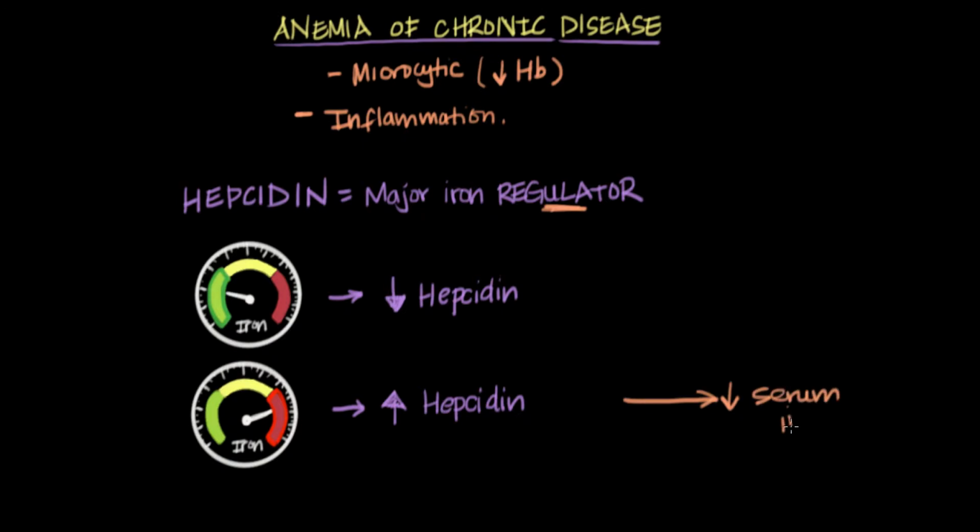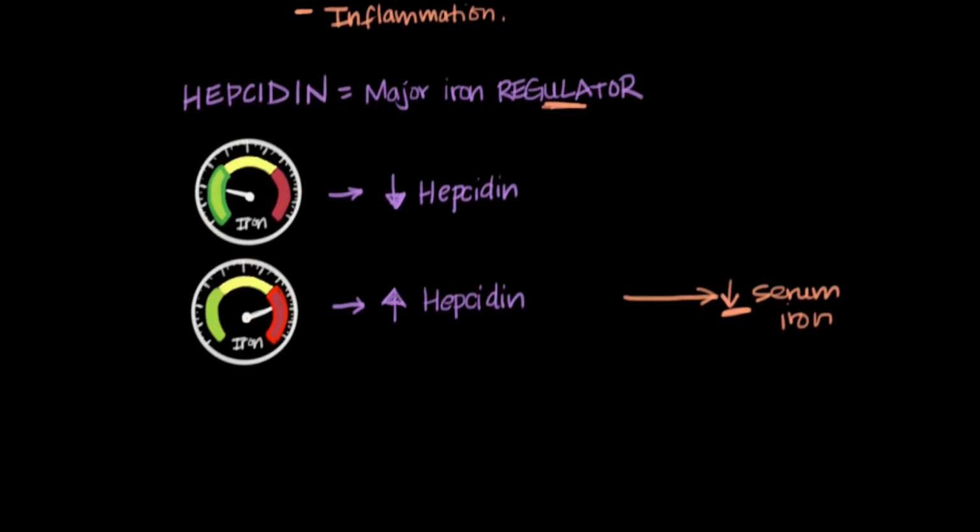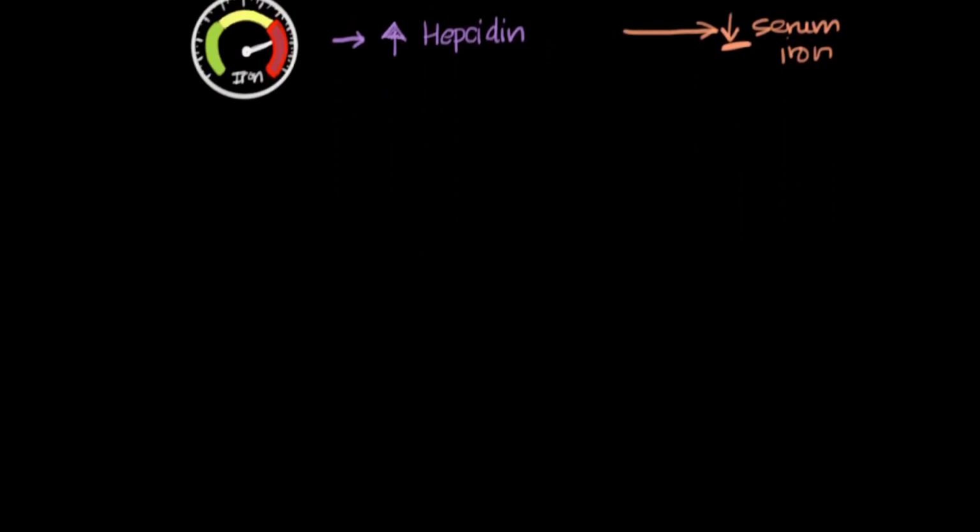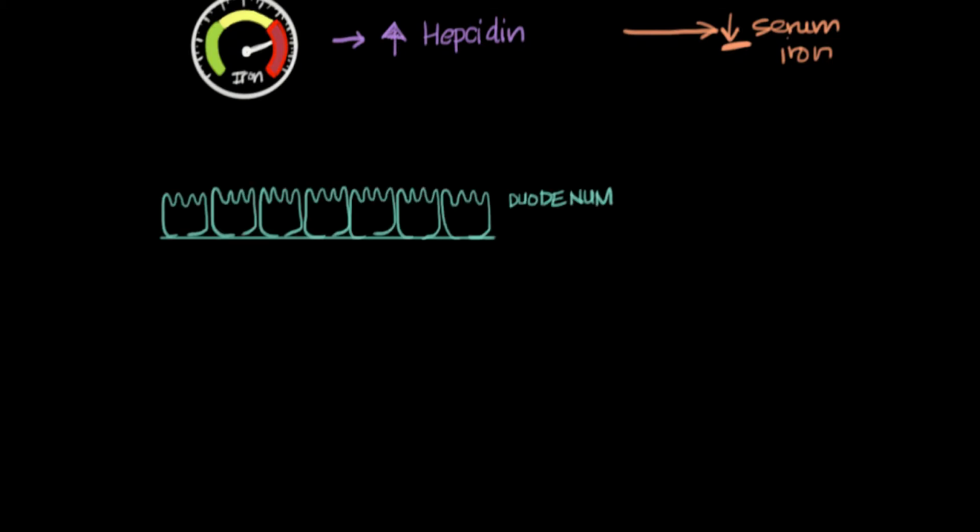It decreases serum iron in a couple of different ways. To understand how, we have to go back for a couple of seconds to iron physiology. We talked about how iron is absorbed in the duodenum, but something we didn't mention is that at the base of these cells in the duodenum is a channel called ferroportin.